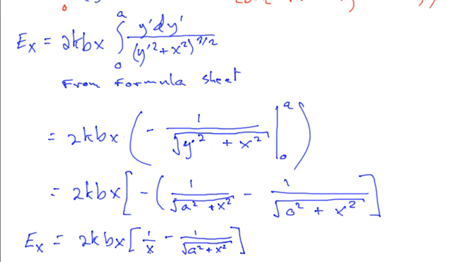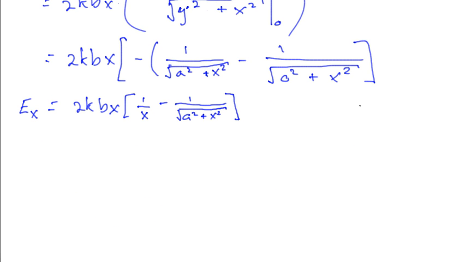This 1 over is going to be bigger than this 1 over, so this will be positive, and so indeed this x has to be a positive value.